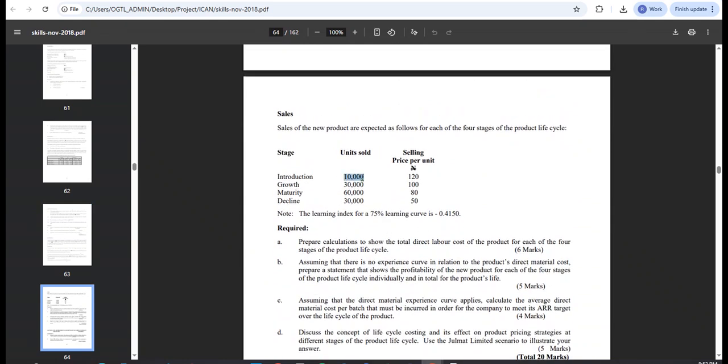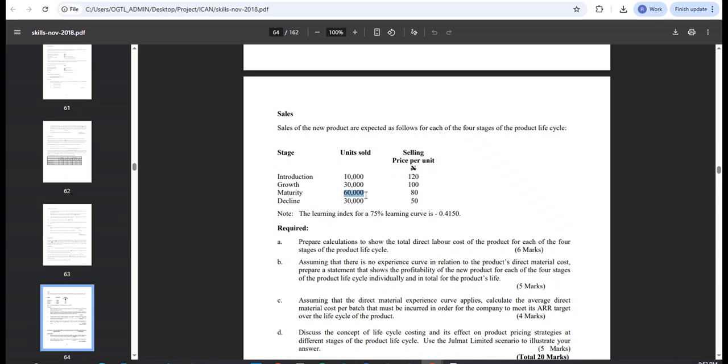In introduction stage, they have 10,000 units, right? In growth stage, they have 30,000 units. In maturity stage, they have 60,000 units.